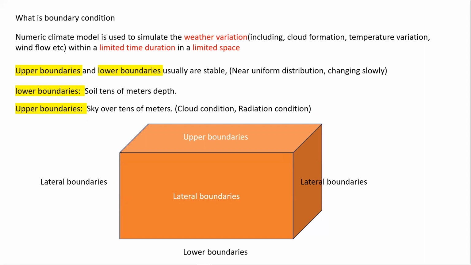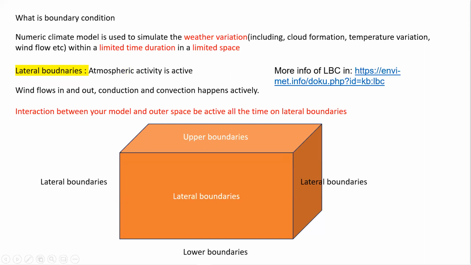And the lower boundaries usually are soil beneath tens of meters, where the temperature distribution is uniform, as there is no airflow there. They also won't have much influence on your results. But for the lateral boundaries, the atmospheric activity is very active.